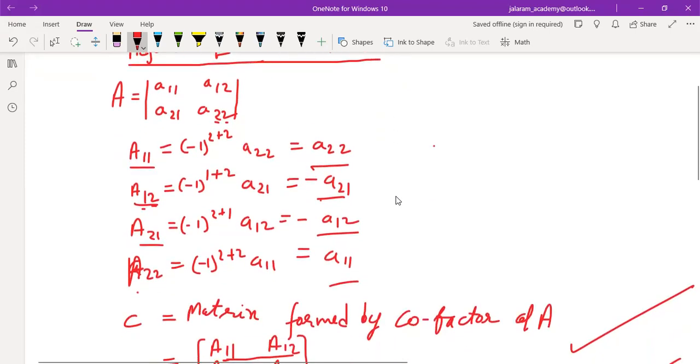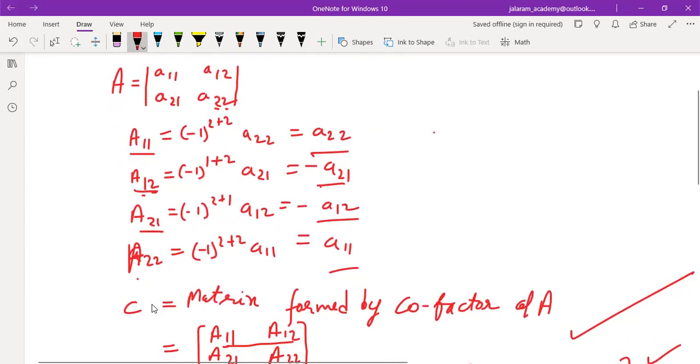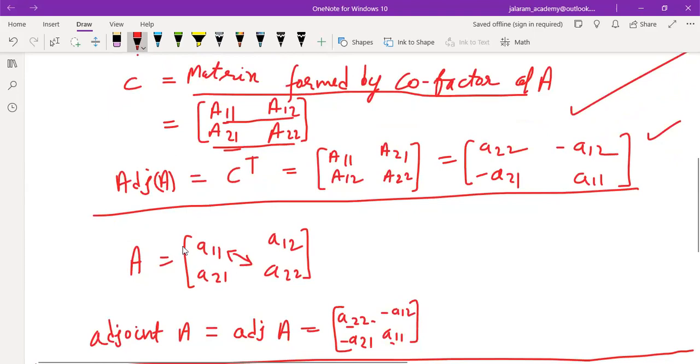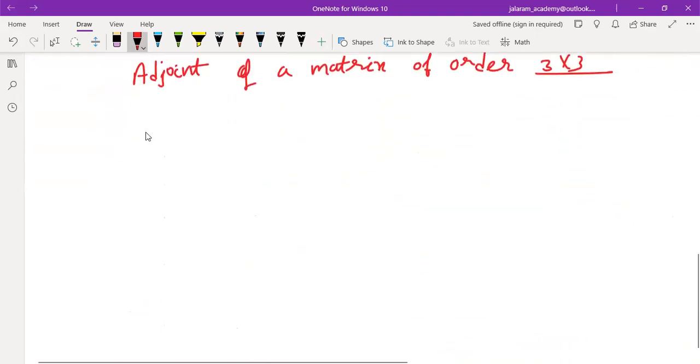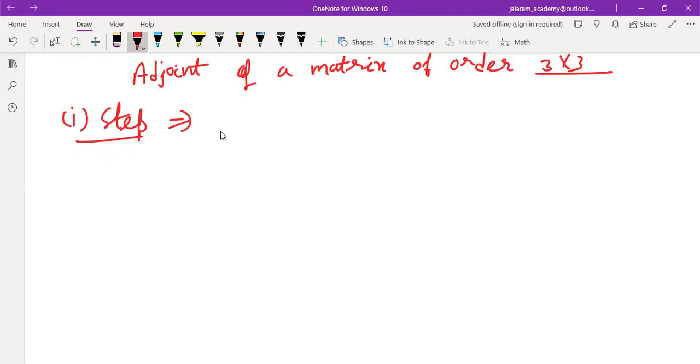Now we have to find all the cofactors and then form the matrix formed by cofactors, and then we'll find its transpose. Clearly, this is the algorithm. To find the adjoint of a matrix, the first step is find all the cofactors.